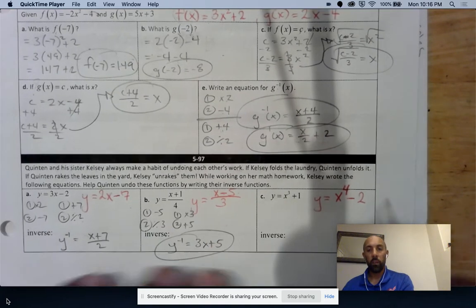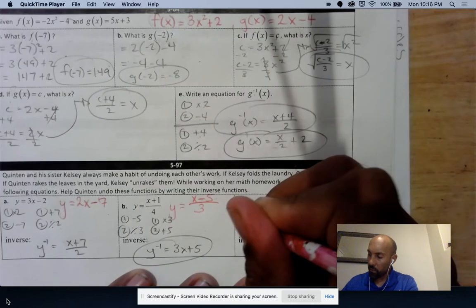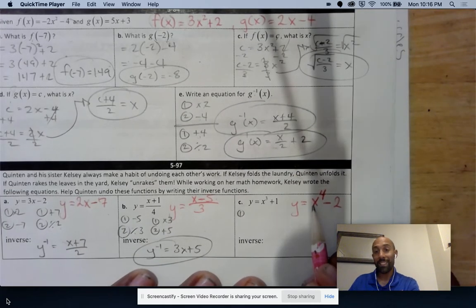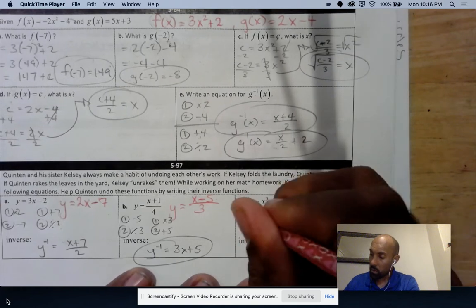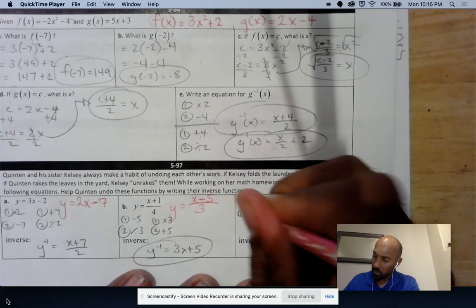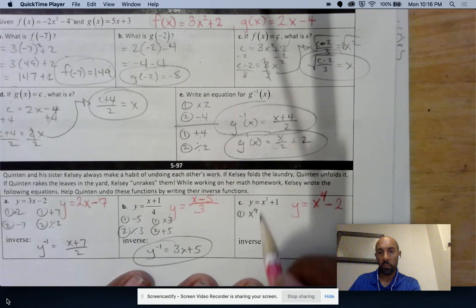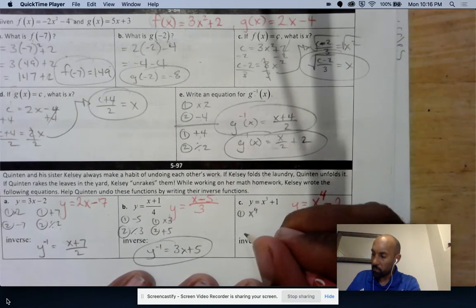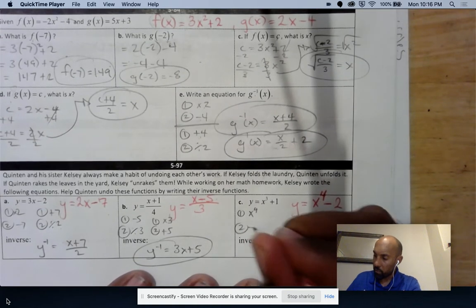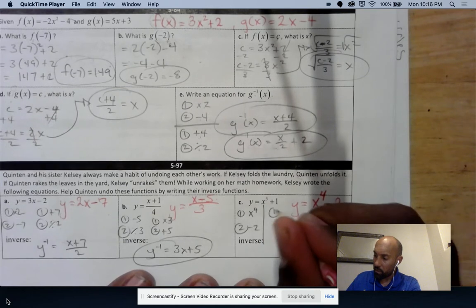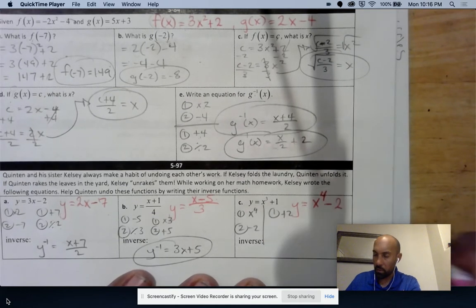Now in this one, the first thing I'd do is raise x to the 4th power. I'm just going to write x to the 4th because I'm raising it to the 4th power. And then I would subtract 2. On the inverse, I'm going to add 2 first.